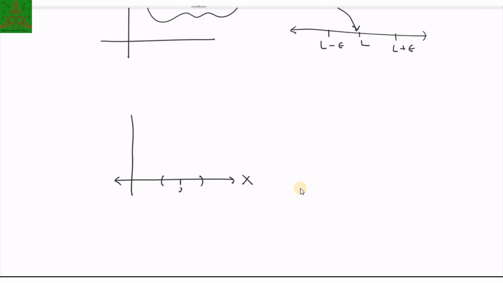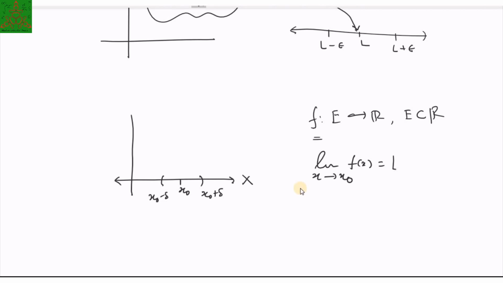If this is x0 and this is x0 minus delta to x0 plus delta, and the function is defined from E to R, where E is a subset of R, and you want to calculate the limit of this function as x tends to x0, then you know there are two limits.